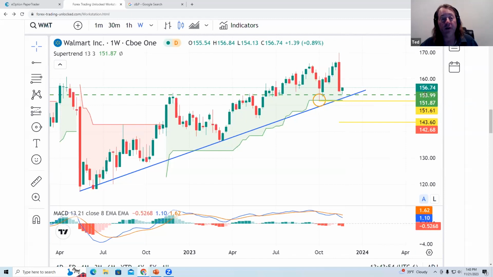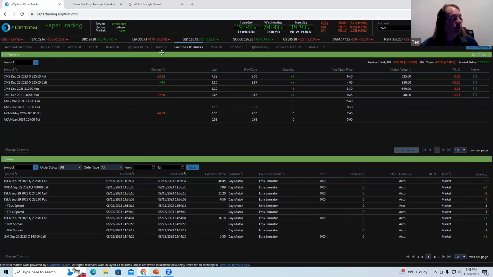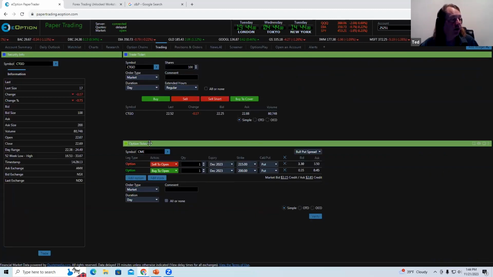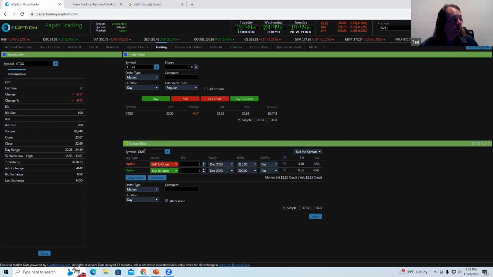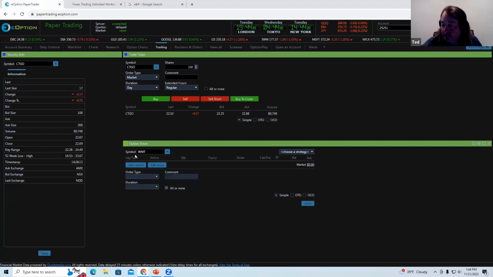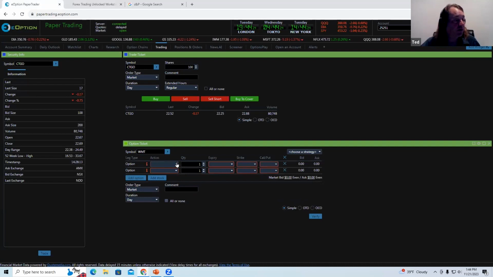So we have the market at 156, and we'll go to trading. Okay, so we have 156 for Walmart. We put in our stock trade. Now we're going to add an option. For a straddle, remember, we buy to open both options.